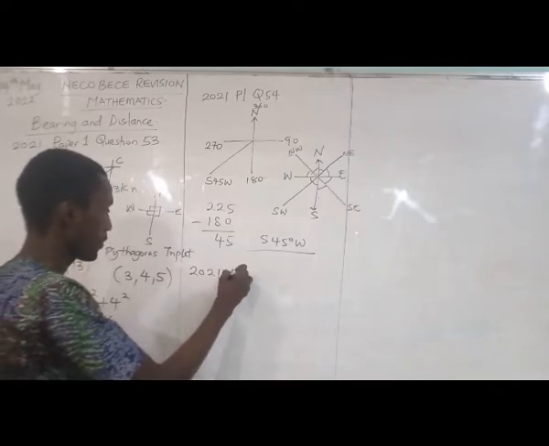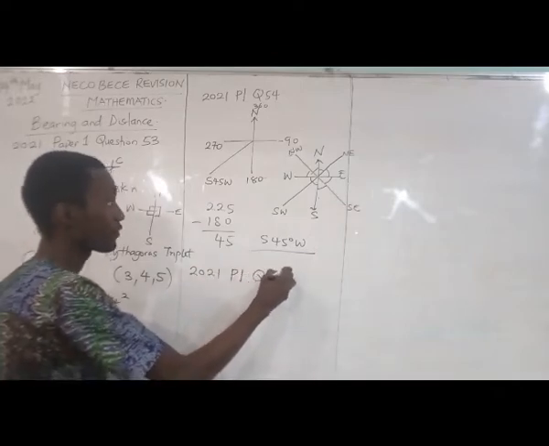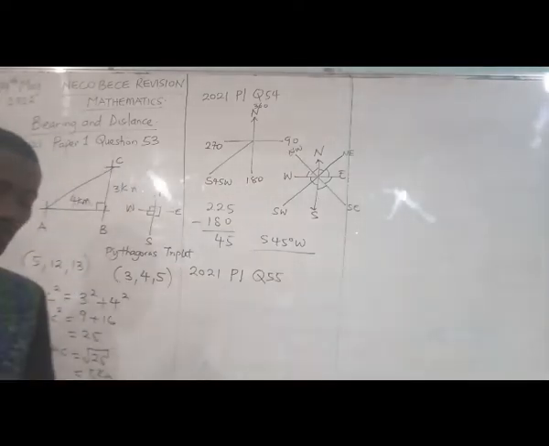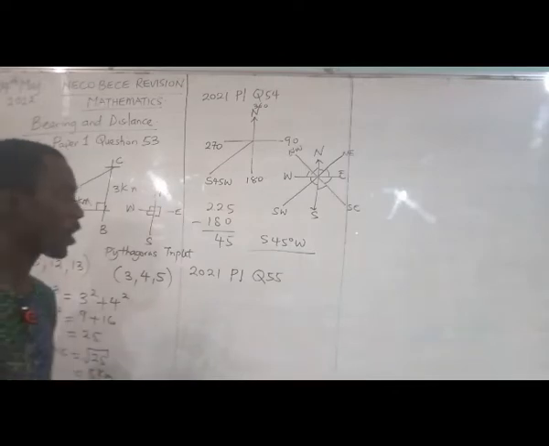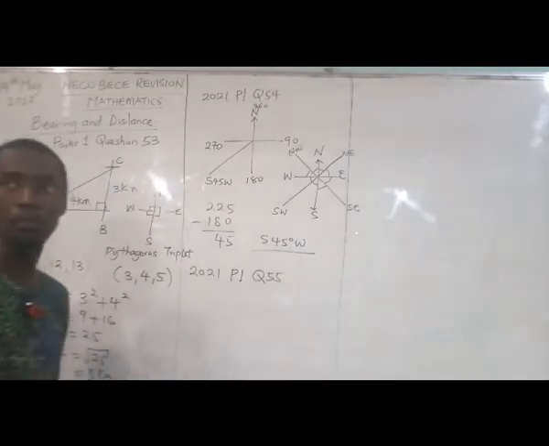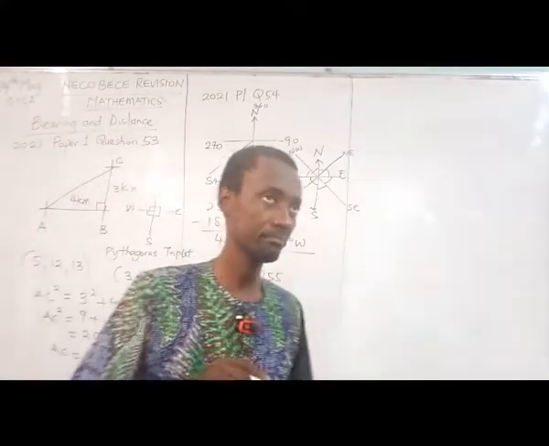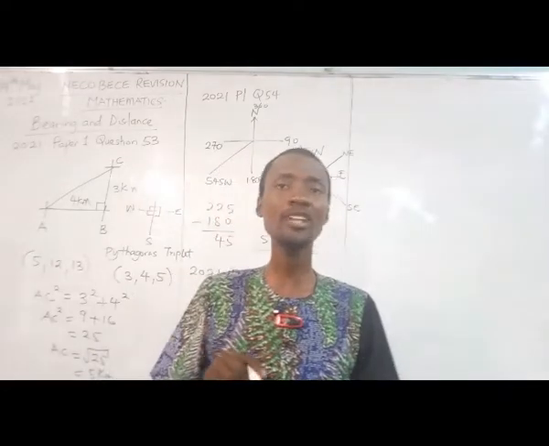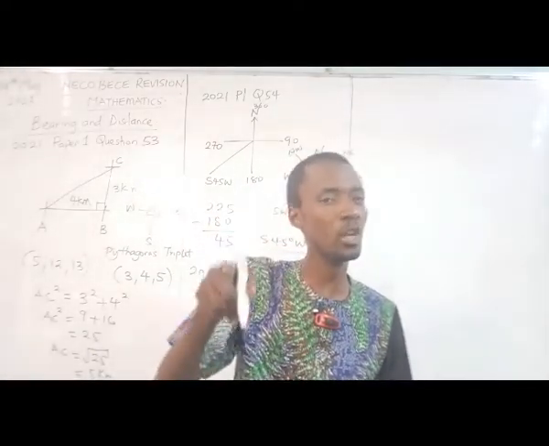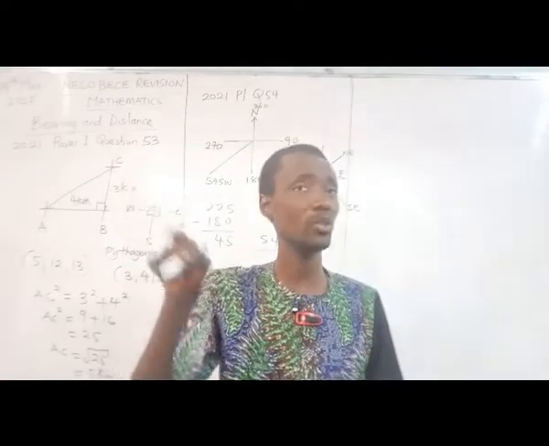2021, paper 1, question 55. It says the bearing of A from B. Now, it's important to note when you're told bearing of something from something, it means that the reference is the second letter you're seeing.